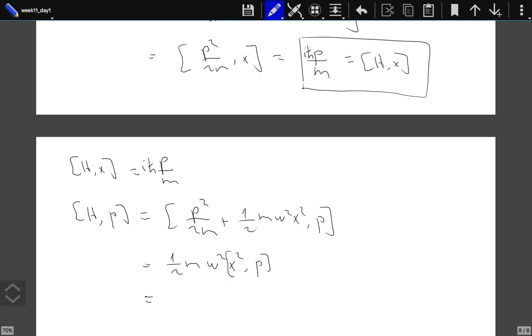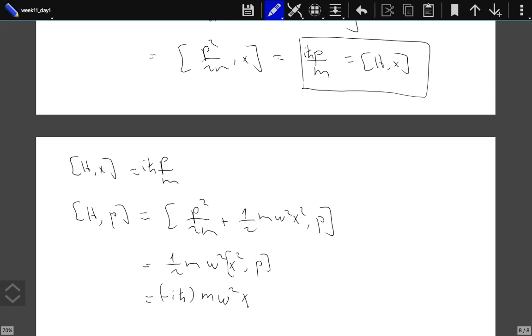And this is equal to plus or minus. Well, you can just think of it like this.